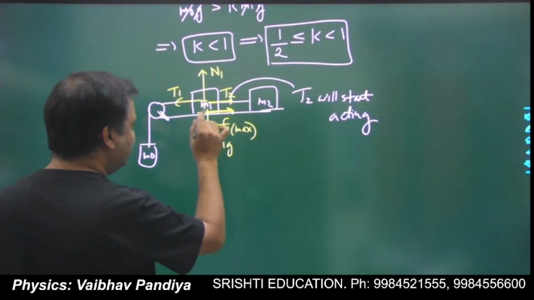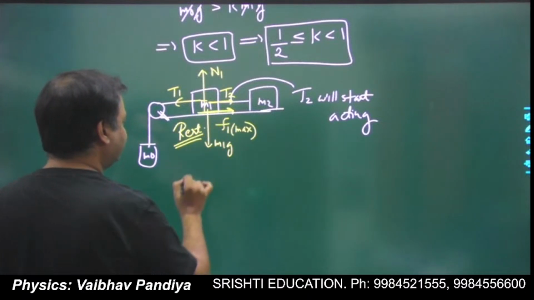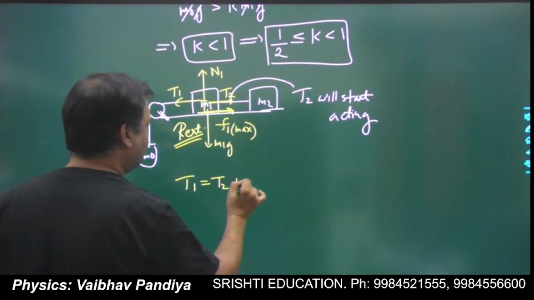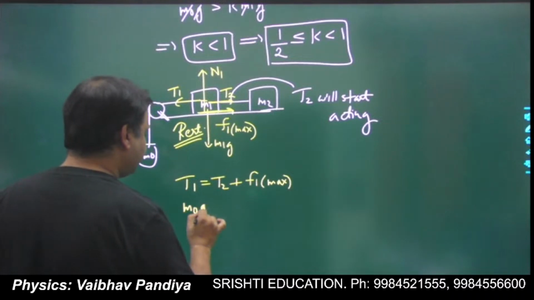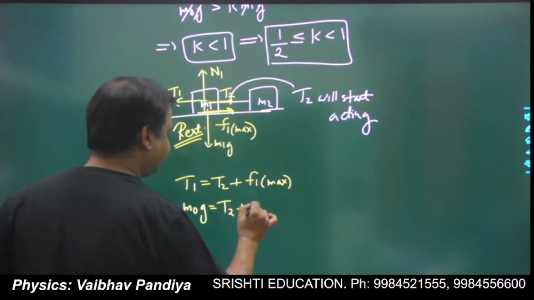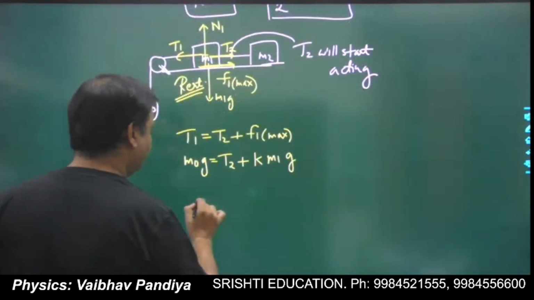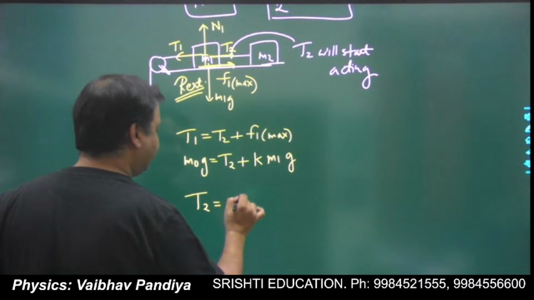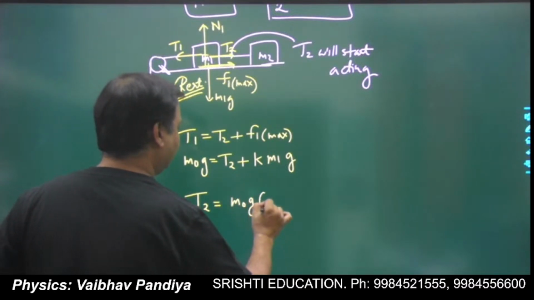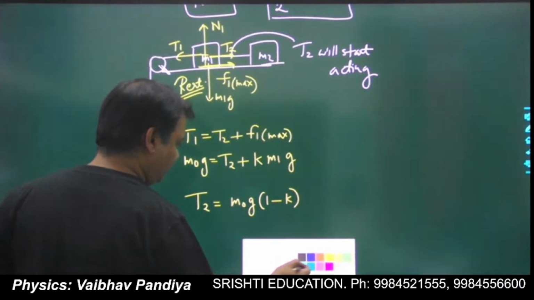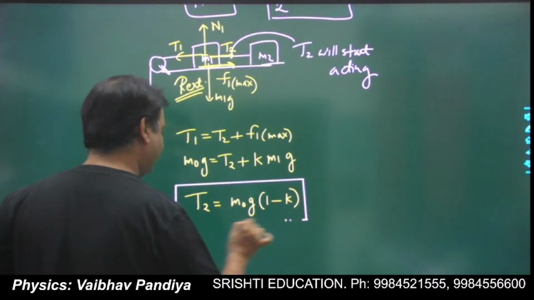If you make the FBD of the first block, since it is at rest, you'll get T1 is equal to T2 plus F1 max, and T1 has a value of M0G, and Fs max is K multiplied by N1, that is K M1G. So T2 will have a value, you can take M1 and M0 as the same, so you can take M0G common and you will get M0G(1 minus K). So this came to be the value of T2.